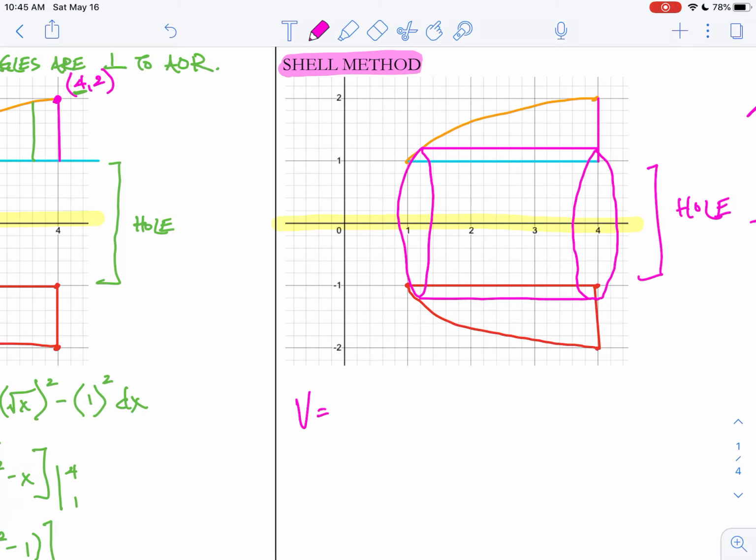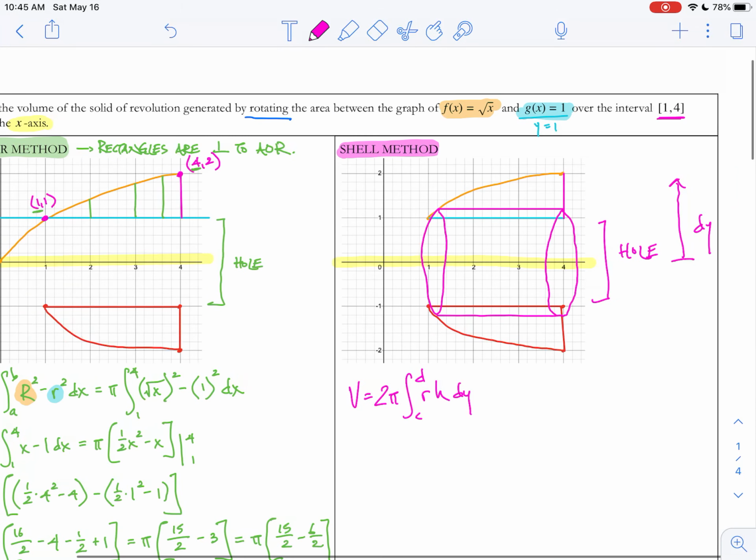Volume equals not pi r squared, but 2 pi, the integral from c to d of radius times height dy.